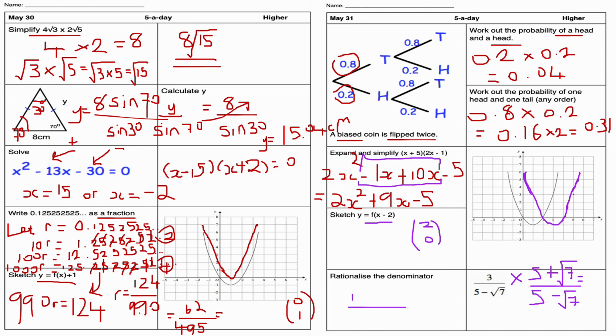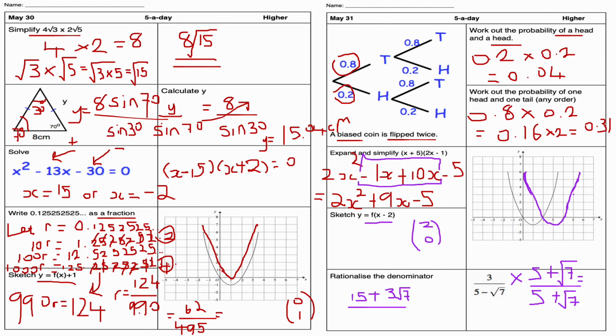3 times 5 is 15, 3 times root 7 is 3 root 7. On the denominator, when I expand and simplify it, I get 25, sorry, it should be a plus there, plus 5 root 7, subtract 5 root 7, so they're going to cancel.